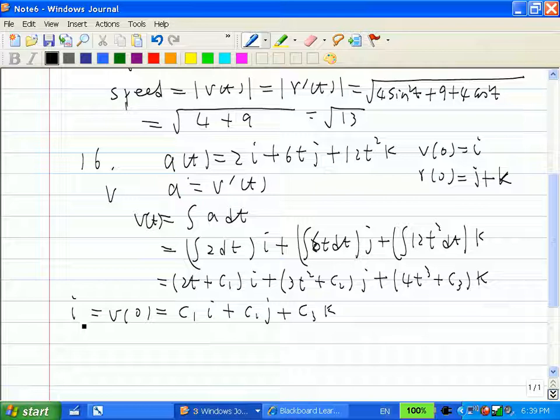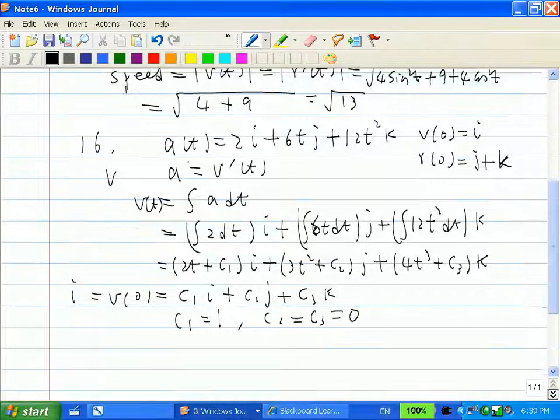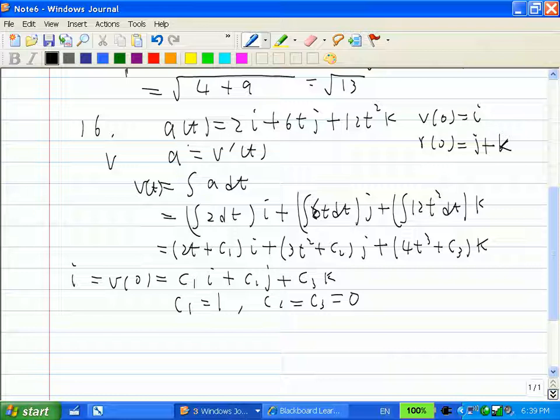The left hand side is i, and the right hand side is c1 i plus c2 j plus c3 k. That means c1 must be 1, and c2 and c3 must be 0. Then the left hand side equals the right hand side.